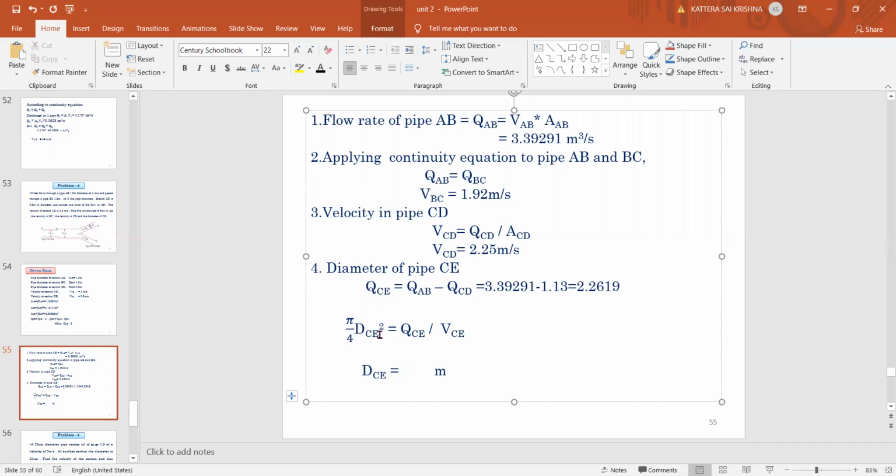So there you'll get your ACE, you can write it as pi by 4 DCE square equal to QCE by VCE. From this we need only DCE. So DCE equals under root of 4 QCE divided by VCE into pi, and finally you'll get the diameter of CE. Do this part slowly.